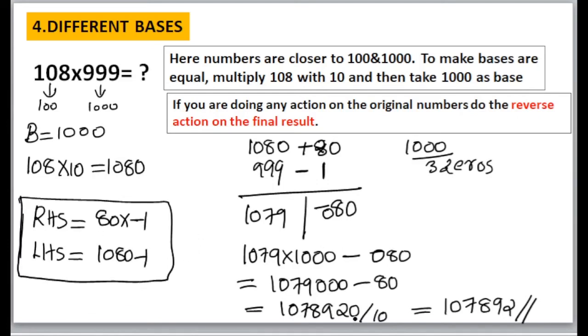So here you have 1078,920, but your final answer is 1078,920 divided by 10, because you have multiplied the 108 with 10, so you have to divide the final result with 10.